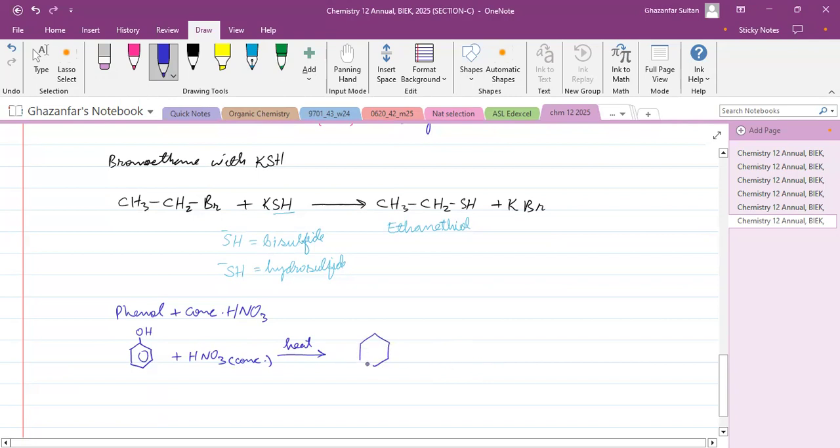Polynitration occurs. This is phenol, and the 2,4,6 positions are occupied by nitro groups.